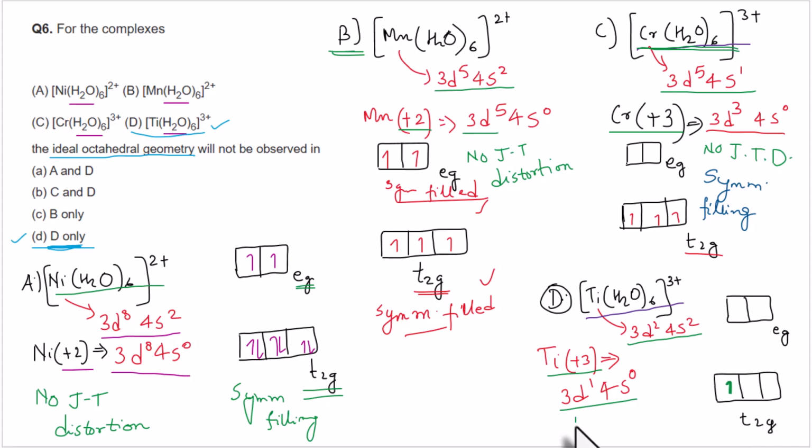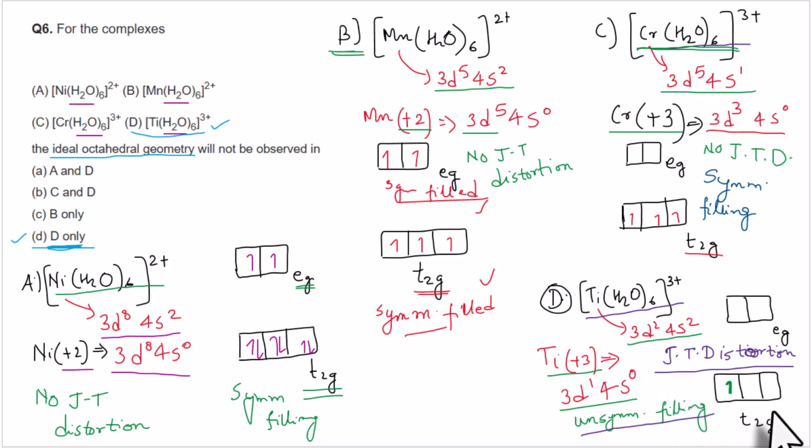That means this filling of one electron in the T2G orbital is an unsymmetrical filling, an uneven filling. And this uneven filling of the T2G orbital shows Jahn-Teller distortion. So this titanium complex shows Jahn-Teller distortion.